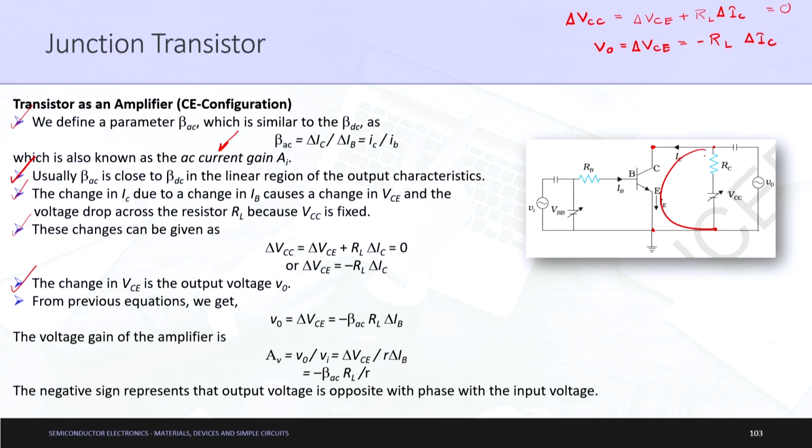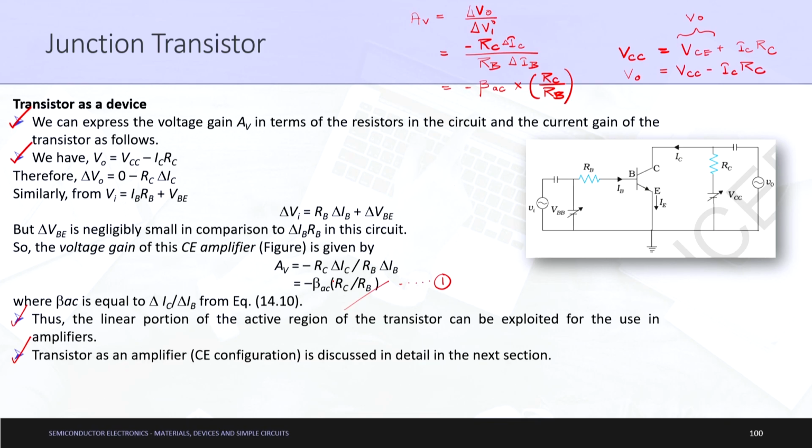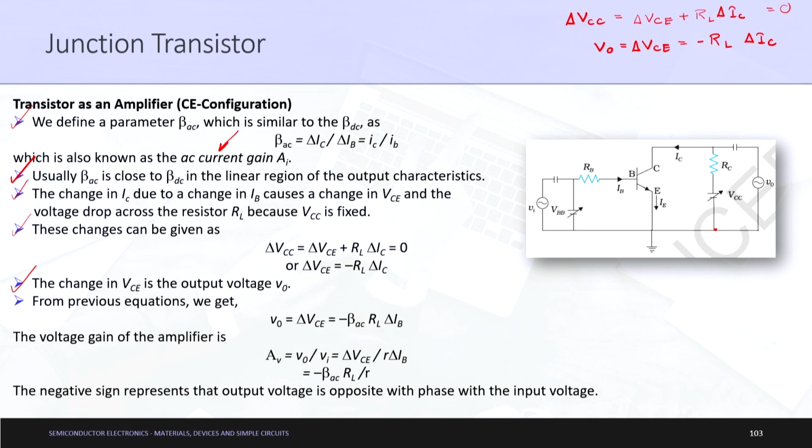Therefore, it is being said that this V naught is nothing but equal to this delta VCE. Okay. So, from previous equations we get V naught is equal to delta VCE, which was being obtained previously here. So, therefore, we can directly write that V naught is nothing but equal to minus beta AC into RL into delta IB. Okay.